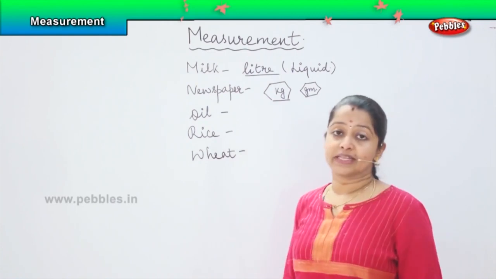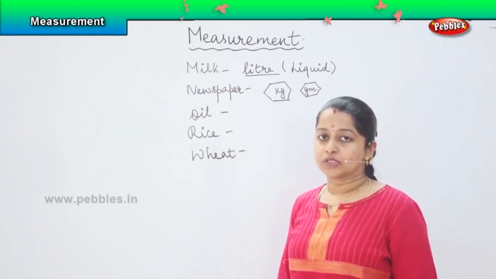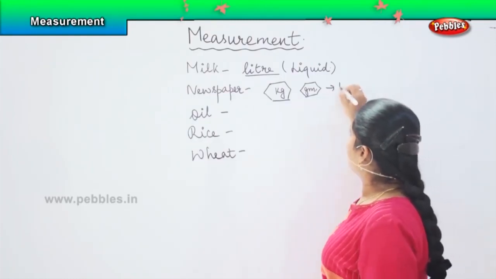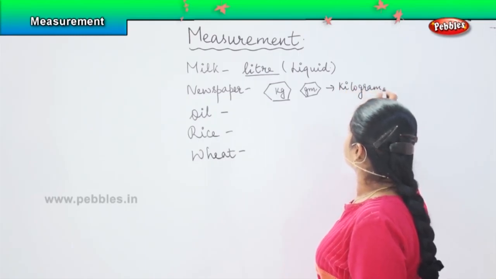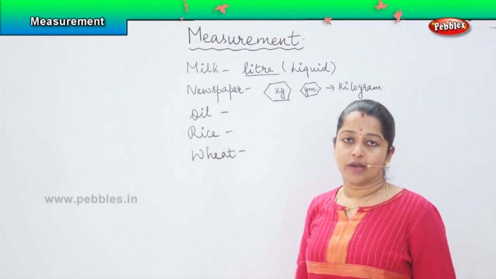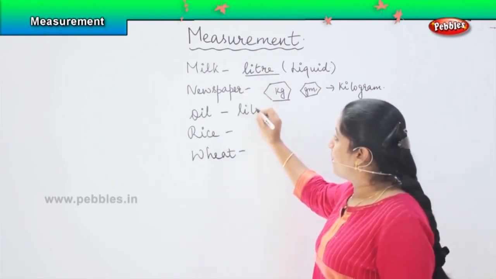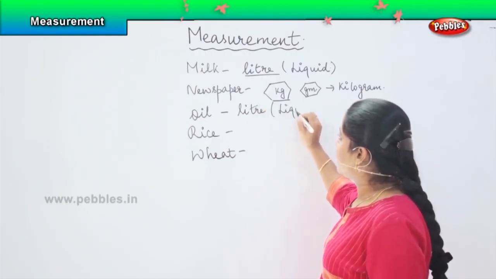We can see this even in the grocery shop where we purchase our vegetables and fruits. Right. So newspaper is measured in kilogram and gram. Then comes oil. As I told you earlier, whatever is in the liquid form, we measure in terms of liter and milliliter.